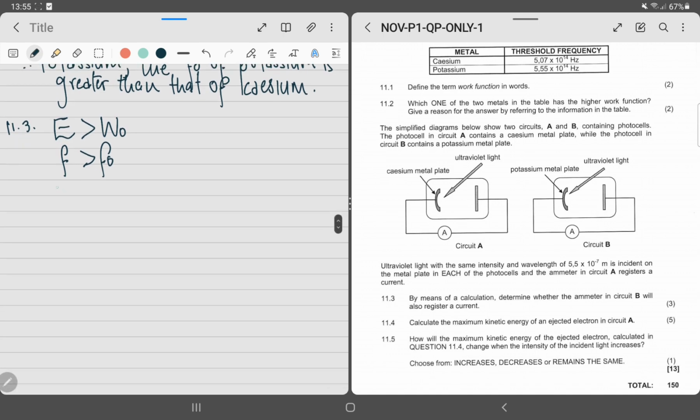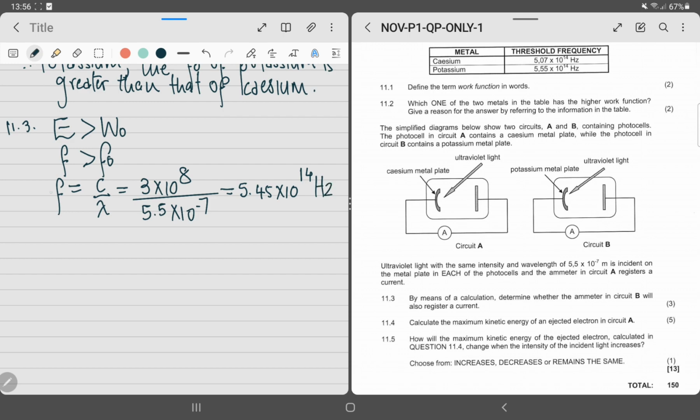So here the frequency should be equal to c over lambda. This is 3 times 10 to the exponent of 8, and then the wavelength is 5.5 times 10 to the exponent of -7. So I'm getting 5.45 times 10 to the exponent of 14 hertz.